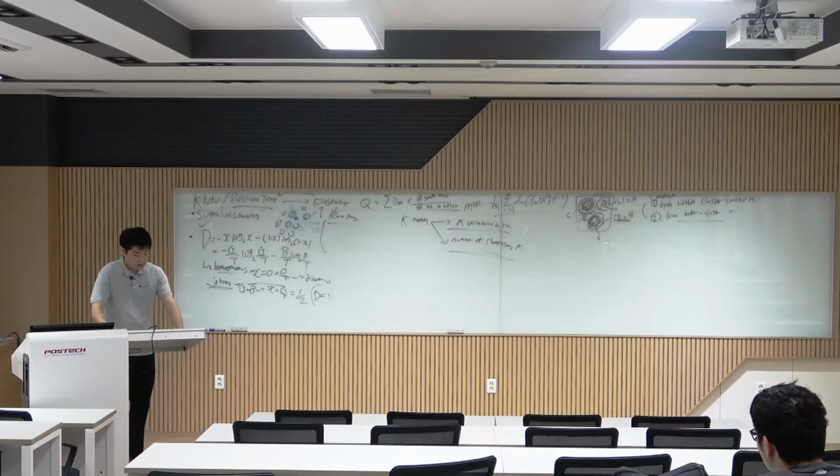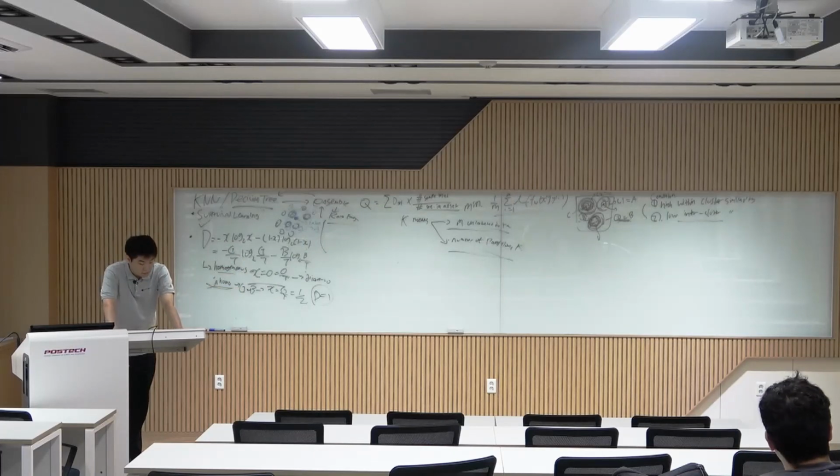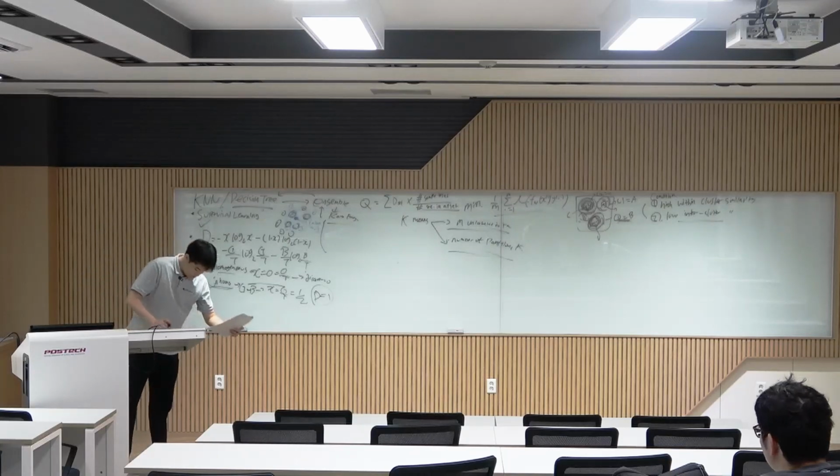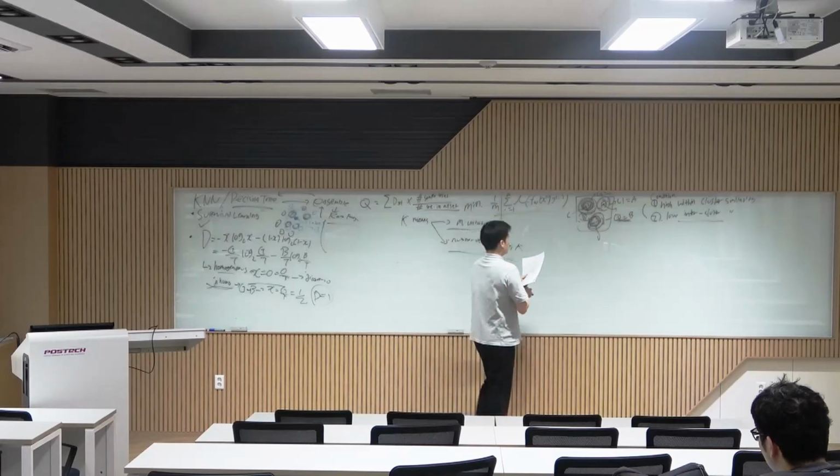So the k-means algorithm starts by defining the number of partitions K and the data. And for the k-means clustering algorithm, we randomly initialize points.